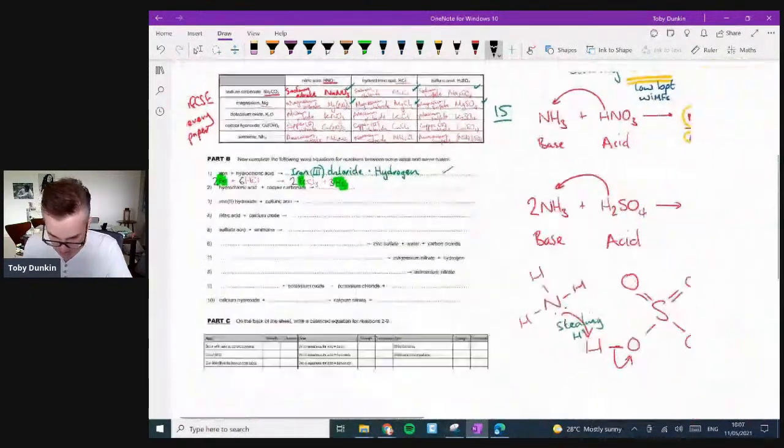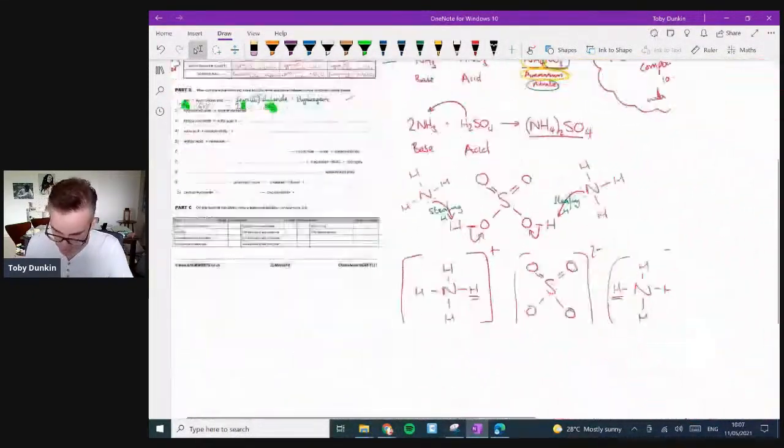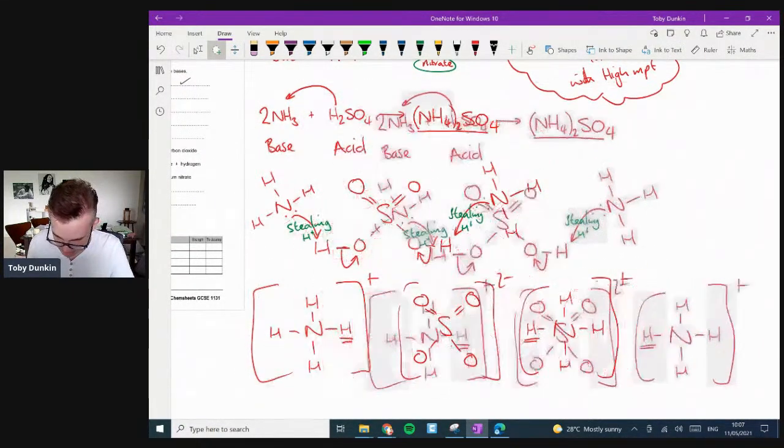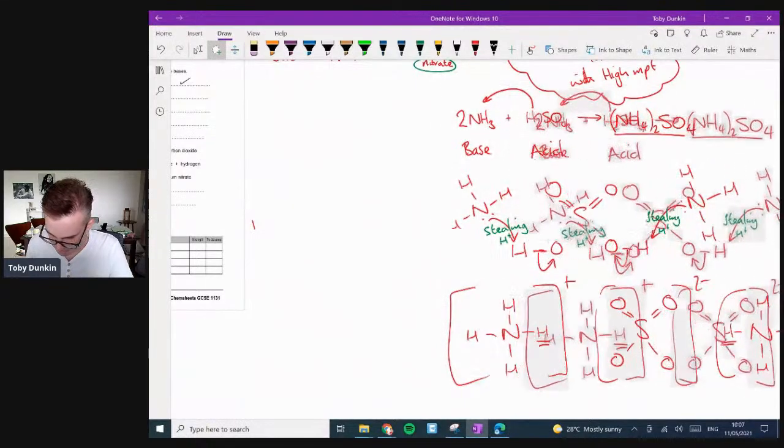What I ought to do is put them next to it. So I'm going to move all of my ammonium diagrams over, a bit further.